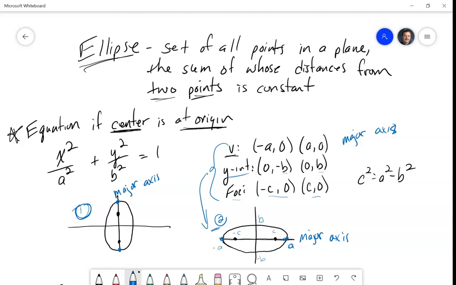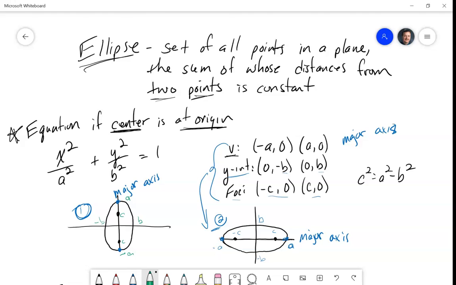Now, if I go to situation 1, this all stays kind of the same, but it changes a little bit. In this situation, my vertices would be here on the longer side, and then I would have x-intercepts going out B in this direction and negative B in this direction, still going up C and down C. So it's all about going in directions.